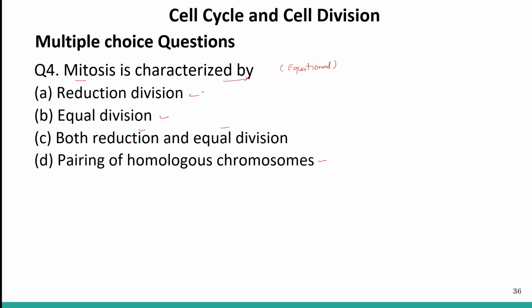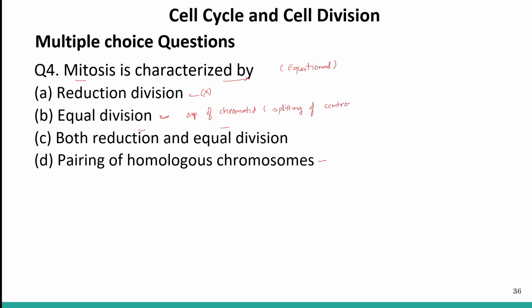So we can cancel reductional division. There is no reductional division during mitosis. We can say equal division takes place during mitosis because there is a separation of chromatids, which happens due to the splitting of the centromere. The centromere splits and the chromatids separate.